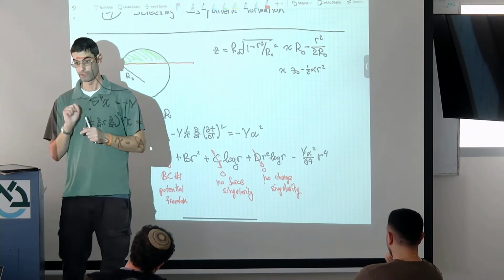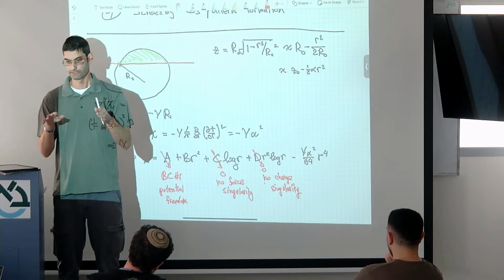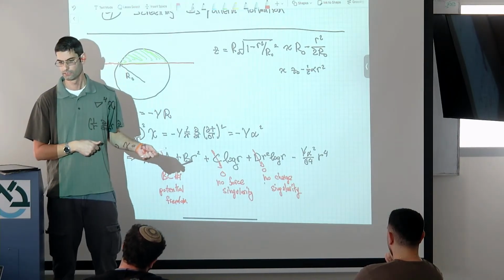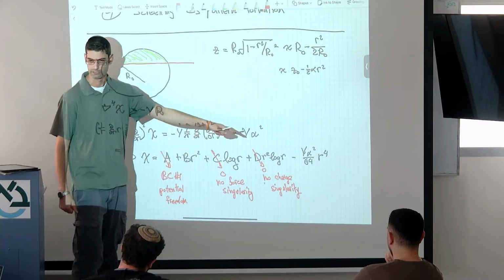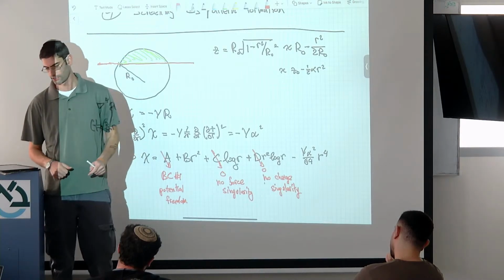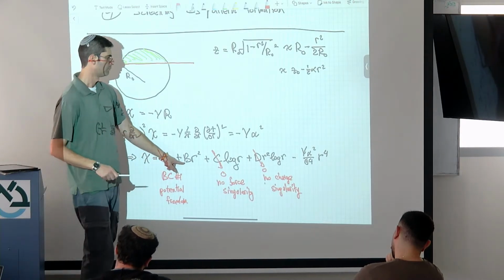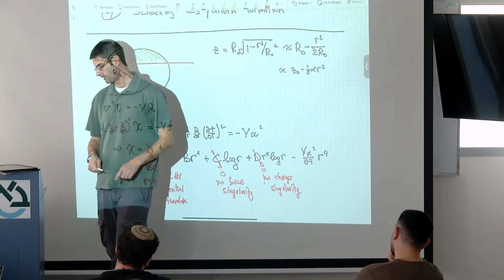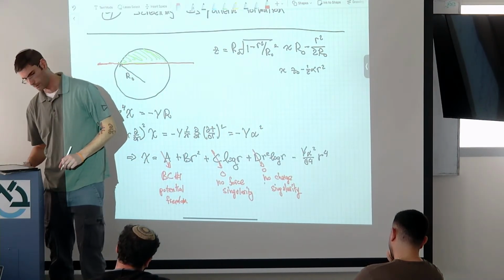These are boundary conditions, right? I'm saying that because there's no singularity, I must choose this to be 0. I have 4 homogeneous solutions, and boundary conditions are exactly the ones that determine what their coefficients are. So the only one I have left is B r squared plus my inhomogeneous term, and then B r squared will be set by boundary conditions.